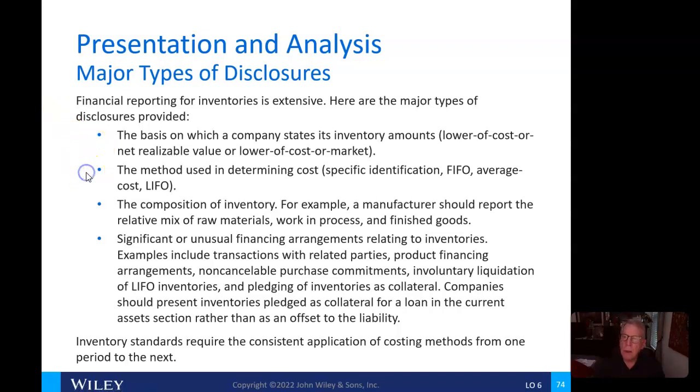Number two, the method used in determining the cost: specific identification, FIFO, average cost, LIFO. Three, the composition of inventory. For example, a manufacturer should report the relative mix of raw materials, work in process, and finished goods. And number four, the significant or unusual financing arrangements related to those inventories.